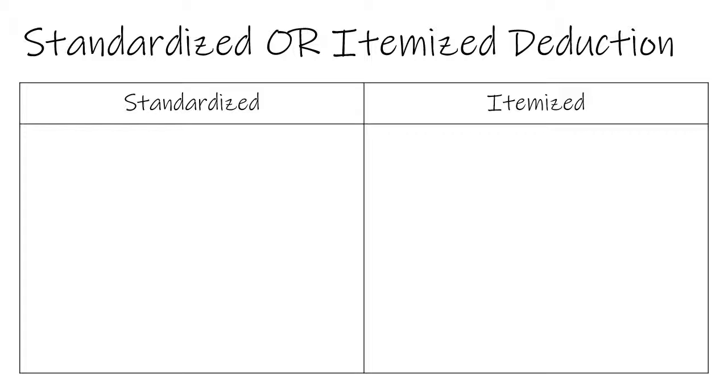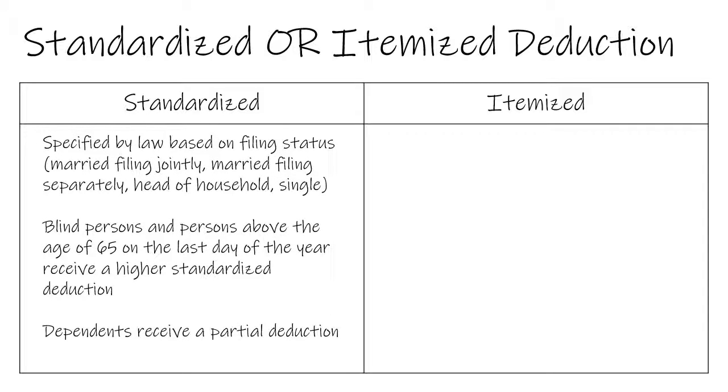In step 3, we deduct the standardized or the itemized deduction. The standardized deduction is specified by law, and the amount of that deduction is driven strictly by filing status: married filing jointly, married filing separately, head of household, and single.